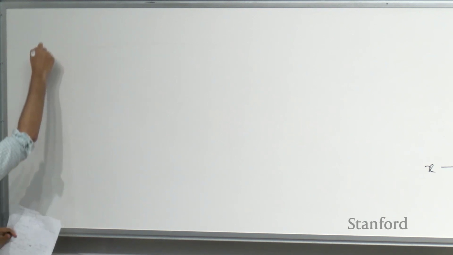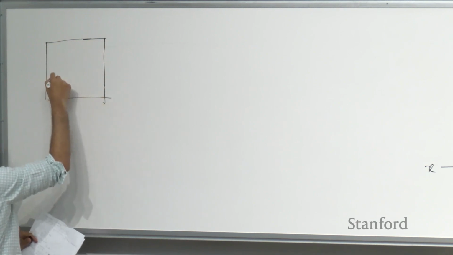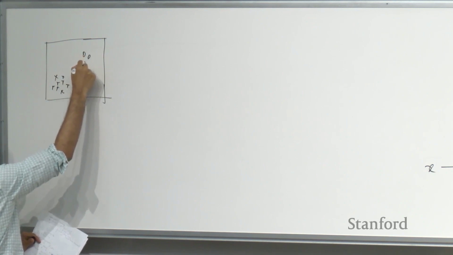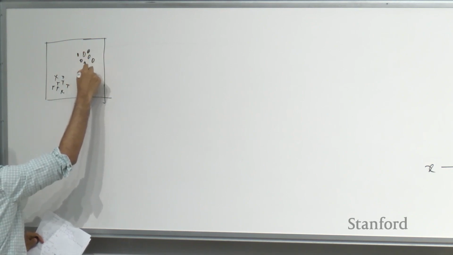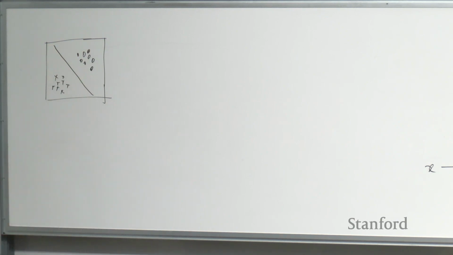On one data set, logistic regression would converge, and on another data set, logistic regression would never converge. It would go on and on. In that example, the data was perfectly separable, which means we could draw a line that perfectly separated the two classes.